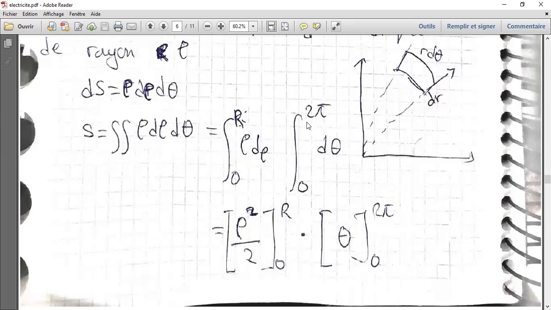It's just the same thing here. Rho is playing the place of x, like a variable. Then here you have 1, which is a constant. Then you do your integration, and you have your theta and your rho squared. I don't know if it's clear.